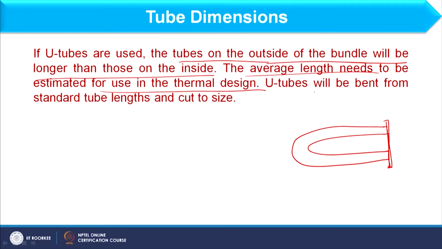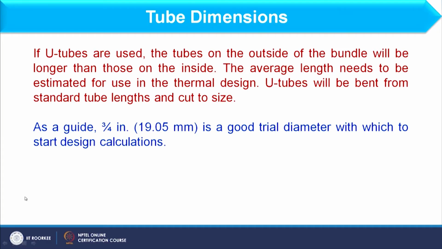Okay. So, U tube will be bent from the standard tube length and cut to the size. So, in this way we usually consider the U tube. If I say that U tube is of particular length, it means that length is of average pipe, or this is basically the average length of the U tube, and in the complete bundle less length tube and large length tube then the average will be available, right.